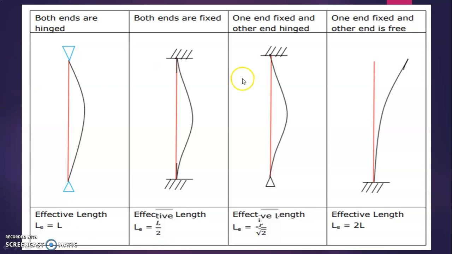In the case of one end fixed and the other end hinged, effective length is equal to L divided by root 2. And when one end is fixed and the other end is free, the effective length becomes 2L.